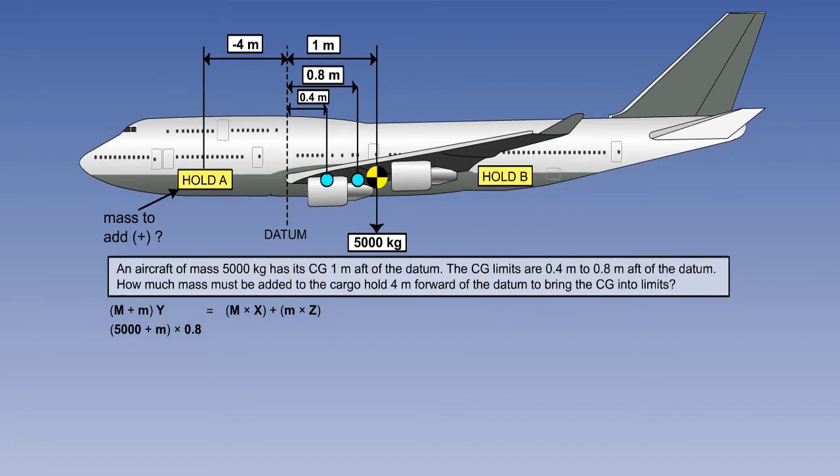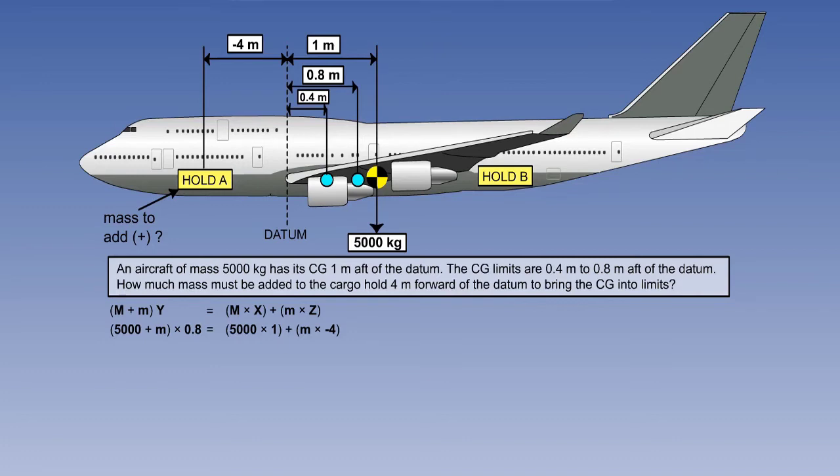Multiply the brackets by final centre of gravity distance y, 0.8. On the right-hand side of the equation, put in brackets 5,000 times original centre of gravity distance x, 1.